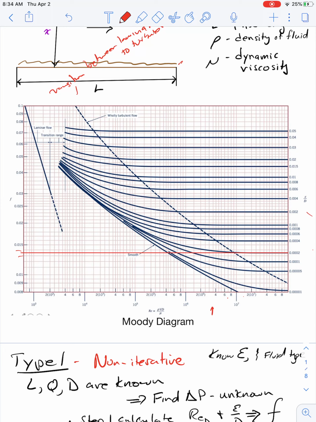We came over here and we looked at our Reynolds number that we were looking for, which was about 9 times 10 to the fourth, just under that. Let's do it again. 9 times 10 to the fourth. And that's pretty close, like this.